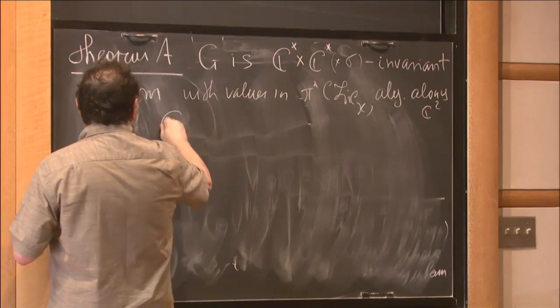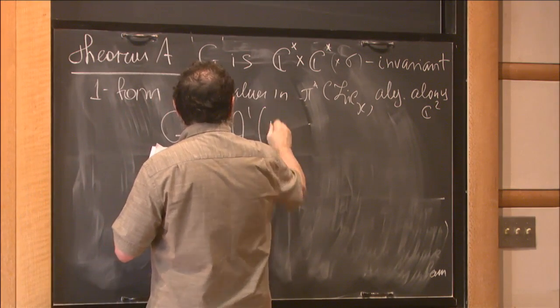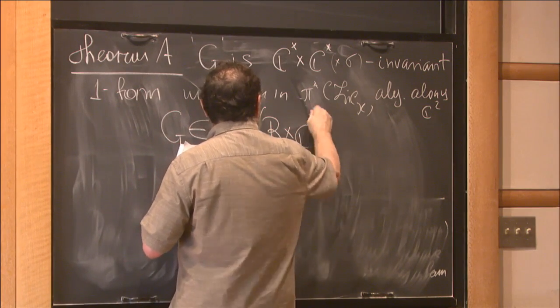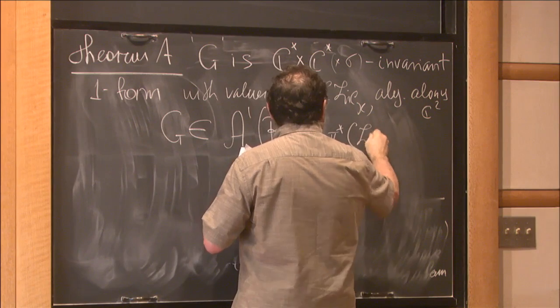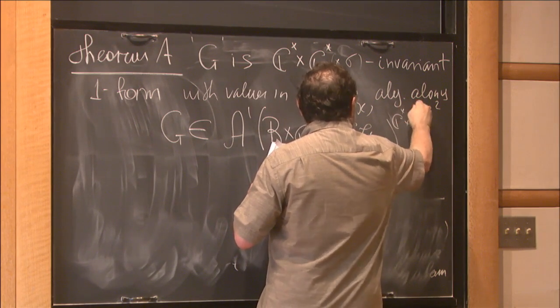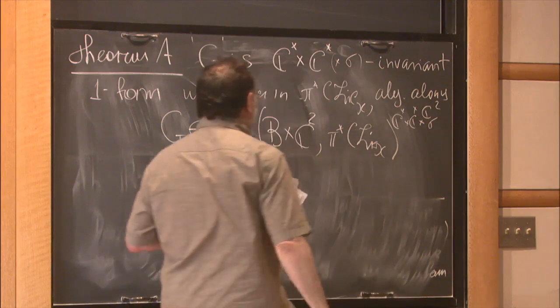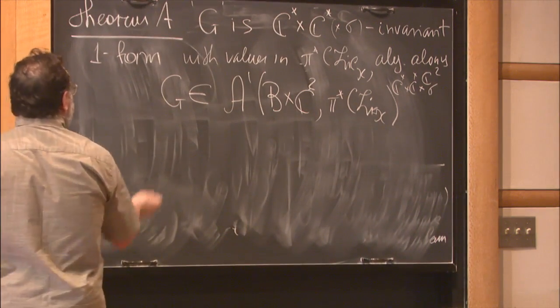So I can just say that this G belongs to one forms on B cross C2 with coefficients in p upper star C Lie x, which is C star cross sigma invariant.